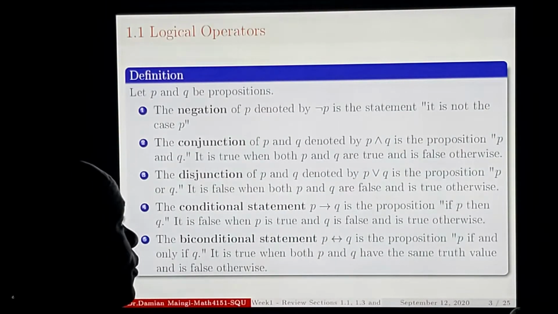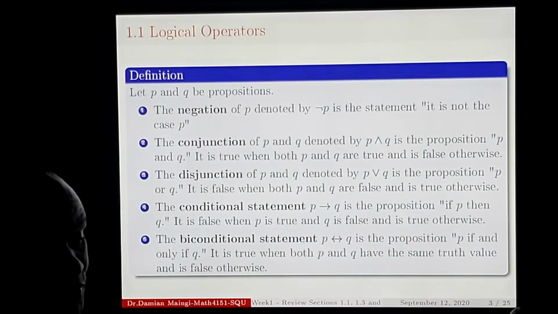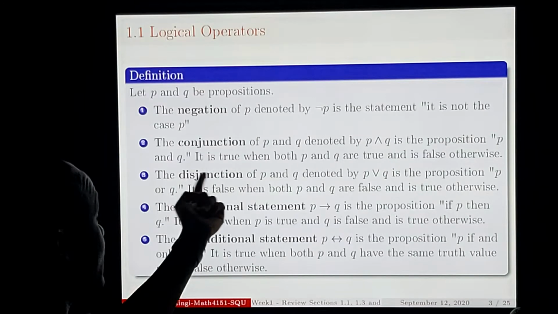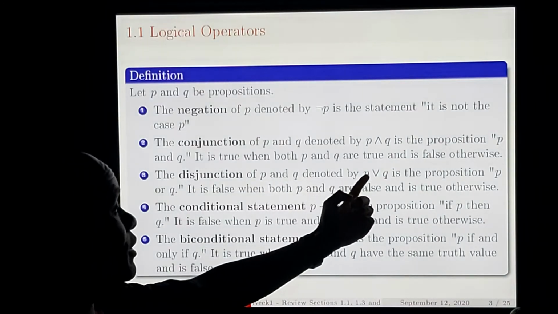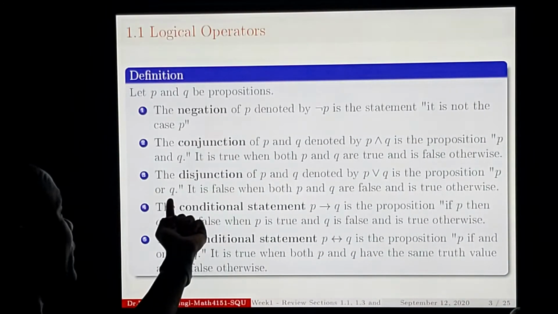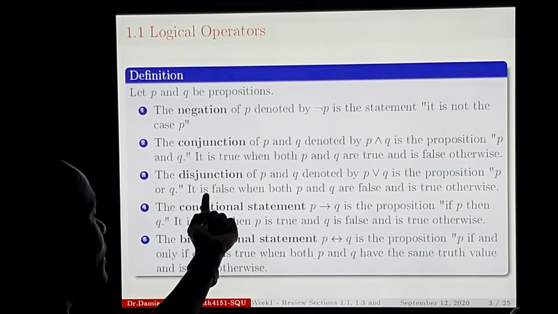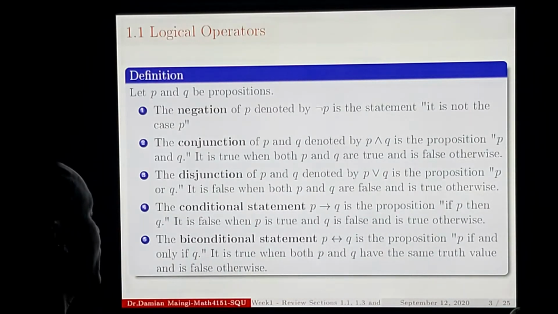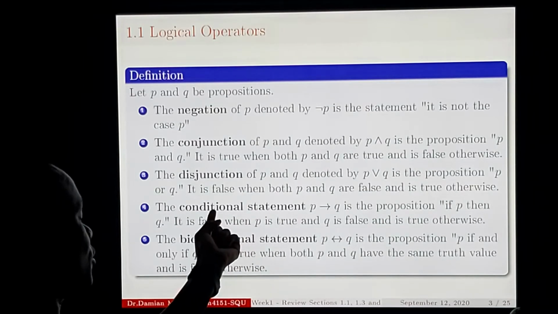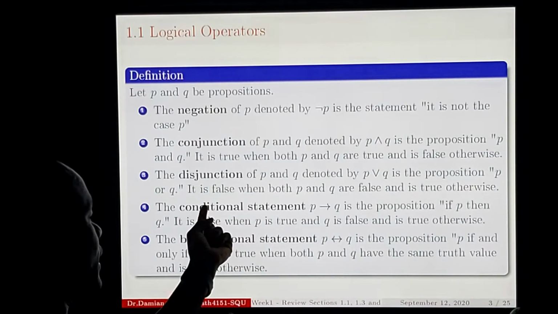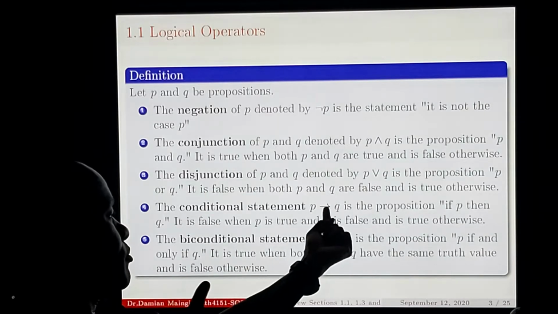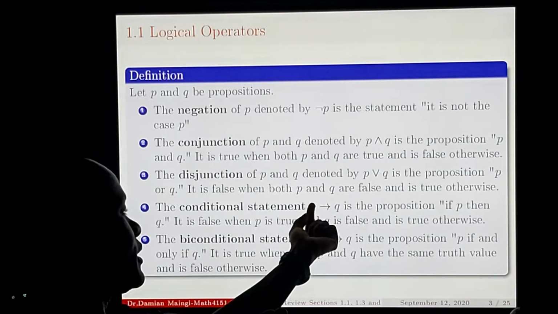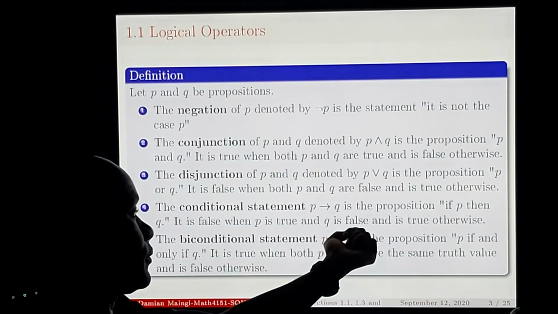Okay? So this is important to keep in mind for the future laws that we saw. Then the disjunction of p and q, denoted by p or q, is the proposition "p or q." It is false when both p and q are false. Otherwise, it's always true. Then the conditional, the one-way conditional. This is basically p implies q. So p is a condition for q, or you call this a premise, and q the conclusion.